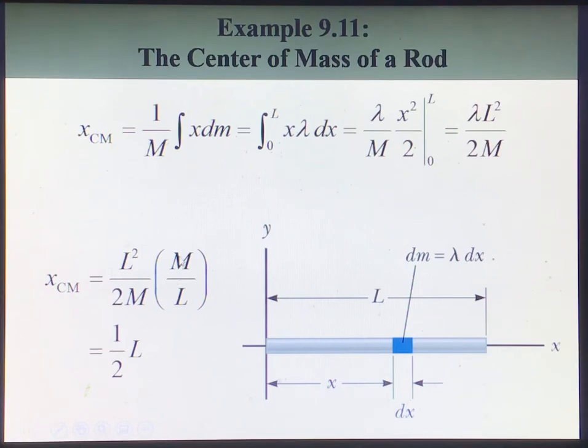So if you substitute that by mass per unit length and you solve that equation, you get 1 over 2 times L. So we notice that this is a uniform mass distribution. It tells me that the center of mass is going to be exactly midway, halfway, right at the middle, right at the center, right here at the point L over 2, because this is a very uniform distribution of mass.